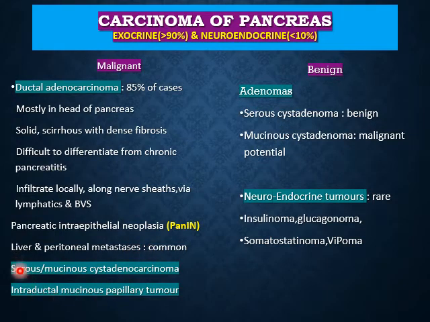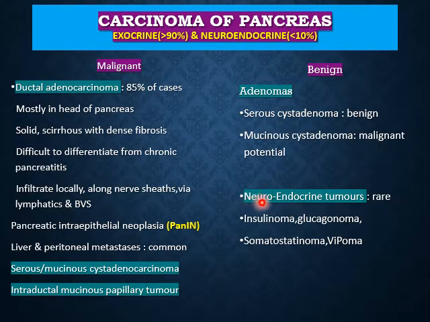The other less important or rare malignant tumors include the serous or mucinous cystadenocarcinoma and the intraductal papillary mucinous tumor. Among the benign tumors, the important ones are the adenomas, the serous and the mucinous cystadenomas, of which the mucinous cystadenomas may have malignant potential.